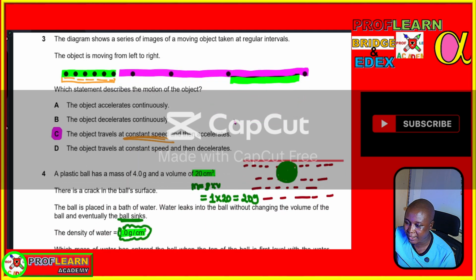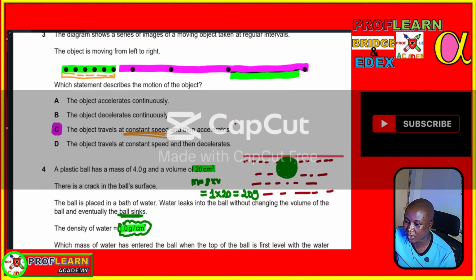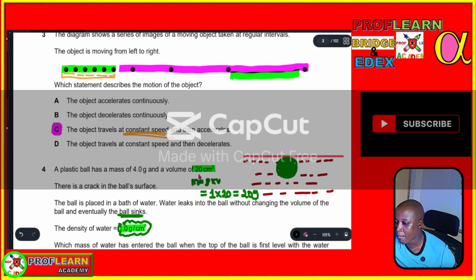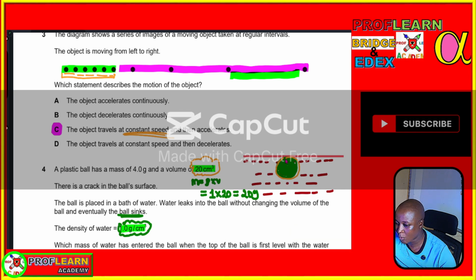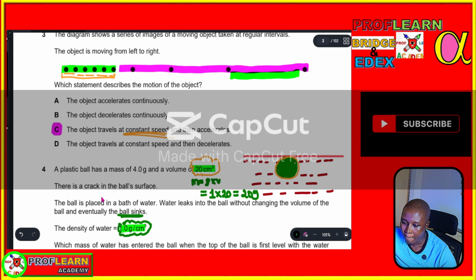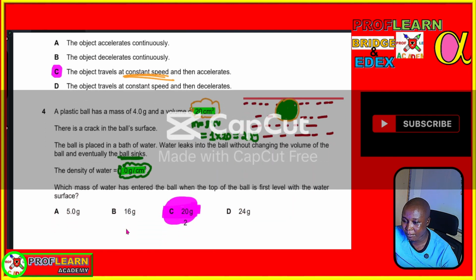A plastic ball has a mass of 4.0 grams and a volume of 20 centimeter cubed. There is a crack in the ball surface, and the ball is placed in a bath of water. Water leaks into the ball, so this water is going to occupy a volume of 20 centimeter cubed, and we are told that the density of water is 1.0 gram per centimeter cubed.